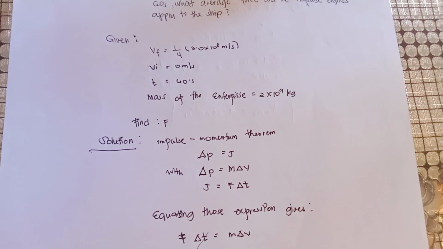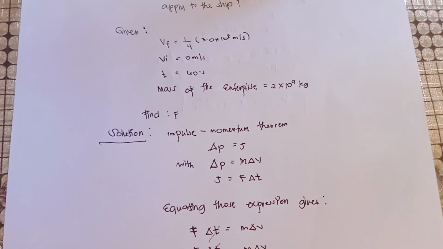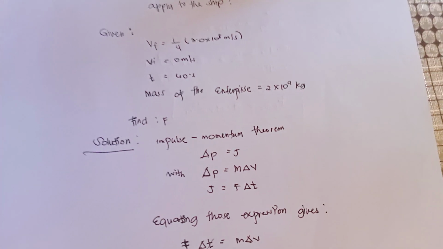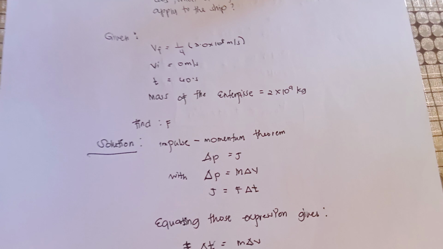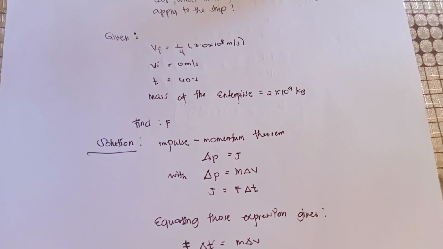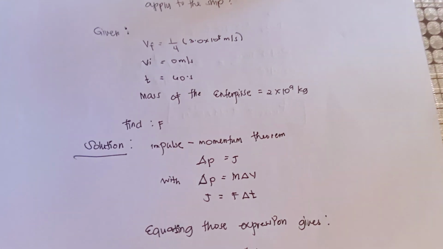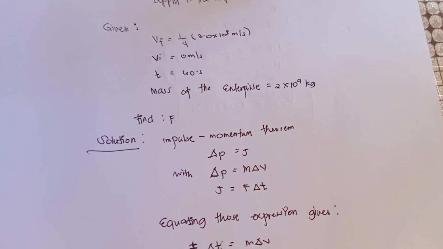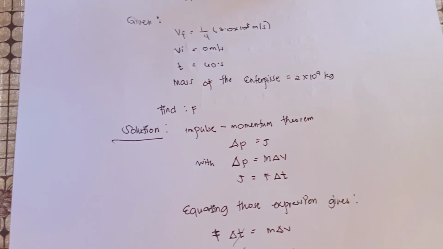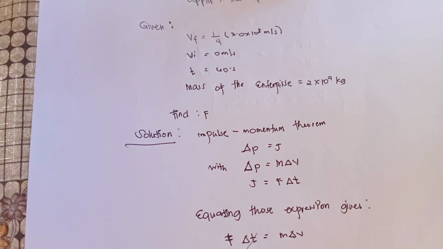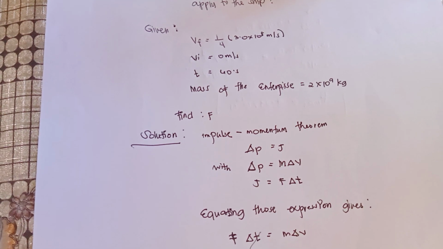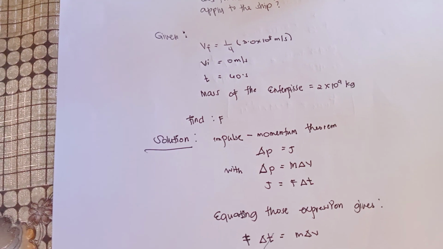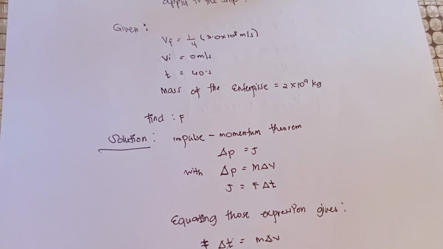So, given: final velocity VF equals 1/4 of 3.0 times 10 to the 8 power meter per second, and our initial velocity is 0 meter per second.